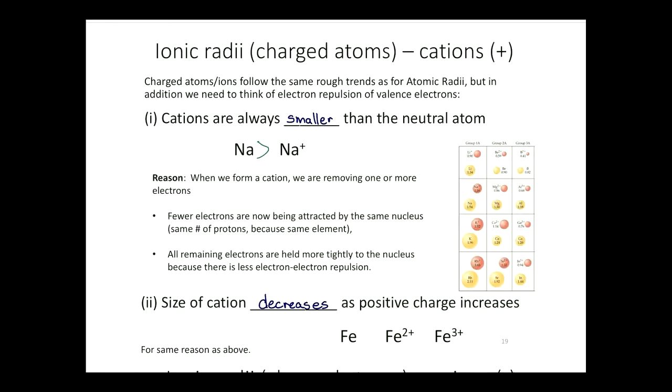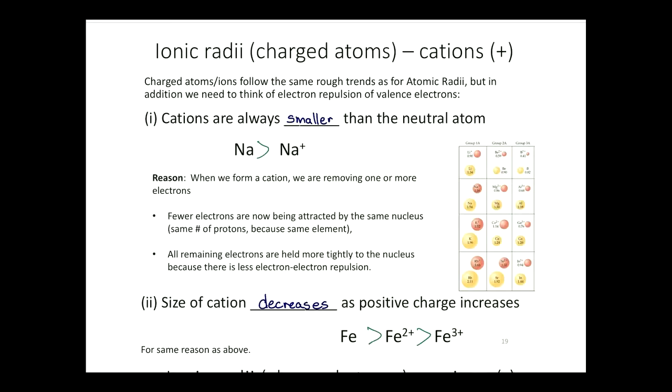The size of the cation increases as the charge decreases, because iron 3+ has 3 fewer electrons, while iron 2+ only has 2 fewer. So iron 3+ would be the smallest because it has the fewest electrons.